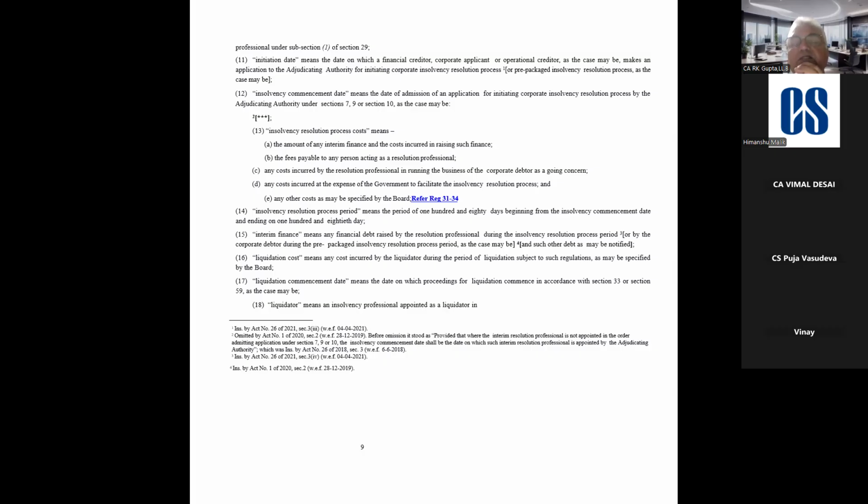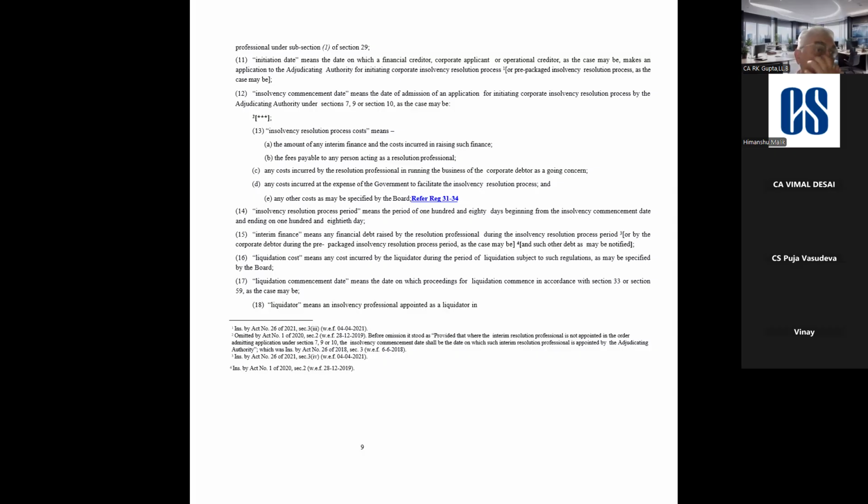Actually, this insolvency resolution process cost basically comprises 2-3 things. Number one, the cost incurred during running the company during the CIRP period. First of all, we have to try to resolve the economic obstacles which the company is facing, the financial crunch which the company is facing.